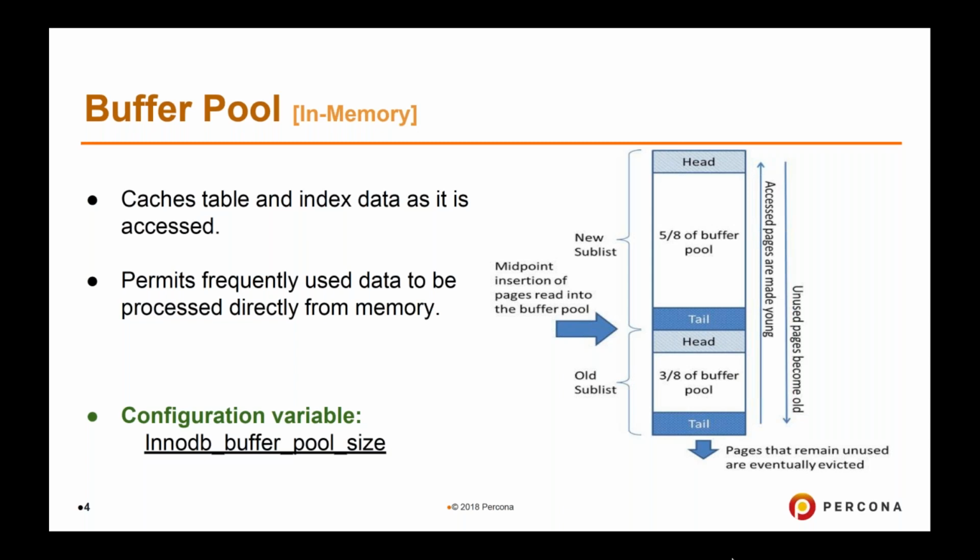If we are not accessing particular data at all, eventually that data will be evicted from memory, and next time you access that data, it will be cached into memory again. So this is how our buffer pool usually works.